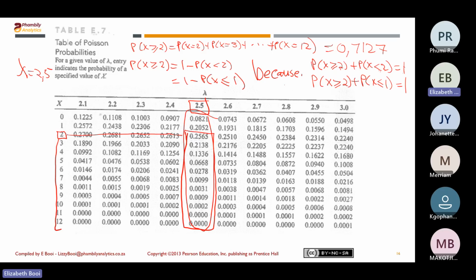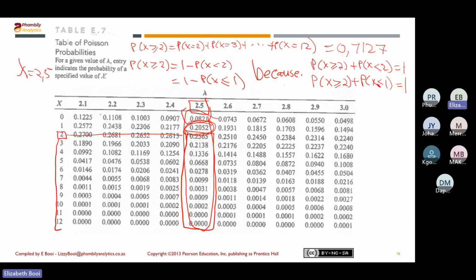And if I remove the equal sign there, it means I'm not counting 1. So I'm counting the others, but excluding 1. Because on here it starts from 2 and goes up, and this one starts from there going up, and doesn't take into consideration 1. So you need to always be mindful of the signs you are using.